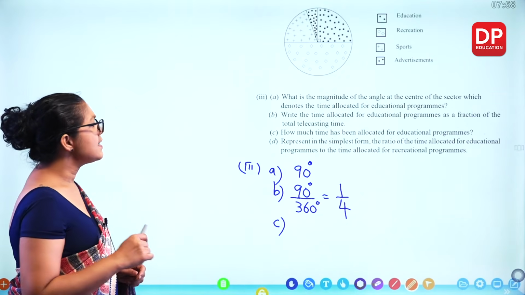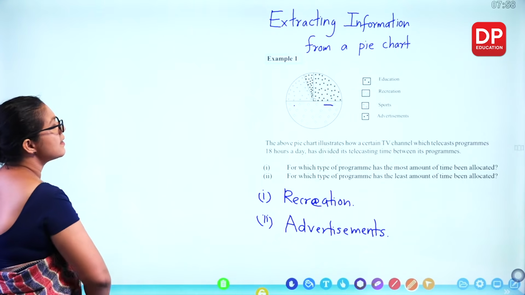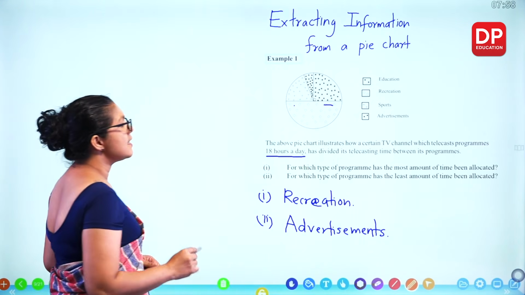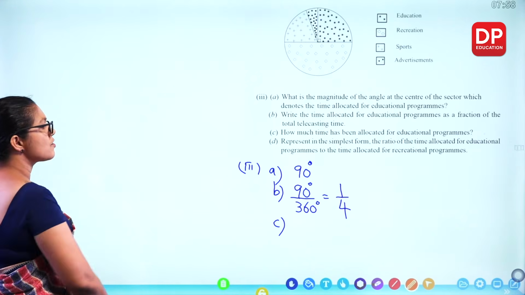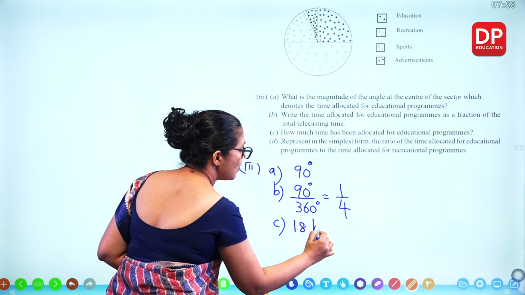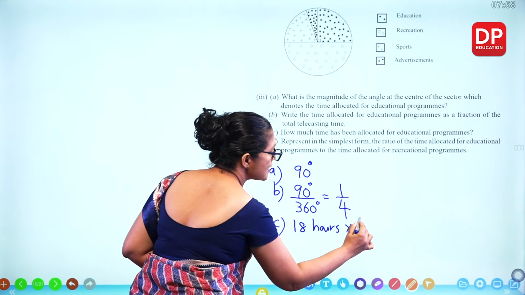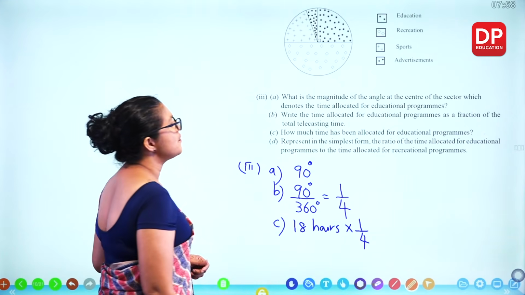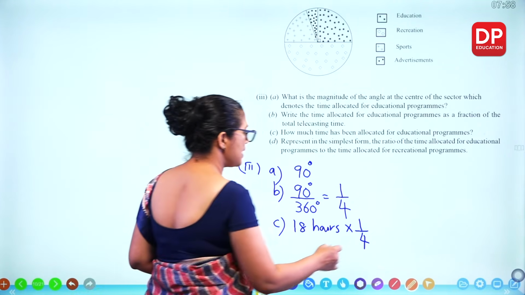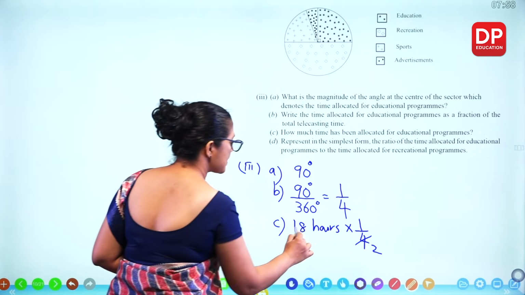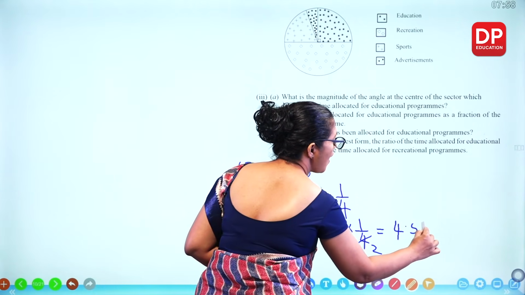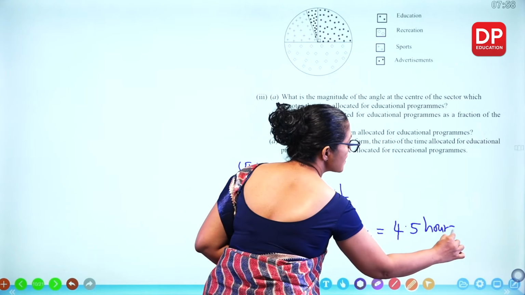So in the previous slide, it says altogether 18 hours a day. So out of 18 hours, 1/4 of the time is given for educational programs. So what's the time? 18 divided by 4. You can divide by 2. That's 9. 9 divided by 2, you can write 4.5 hours.